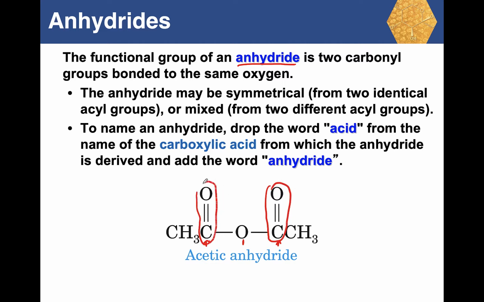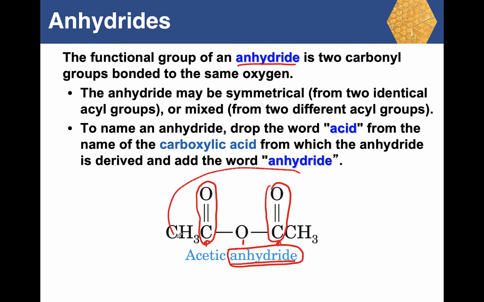So it's bonded to both. So that's an anhydride, a special functional group in organic chemistry. In terms of naming it, it's just basically determining what the acid would be and adding the word anhydride. We won't get into much detail with the naming of anhydrides. We'll get more detailed with the esters and amides. But that's about all we'll say about anhydrides.